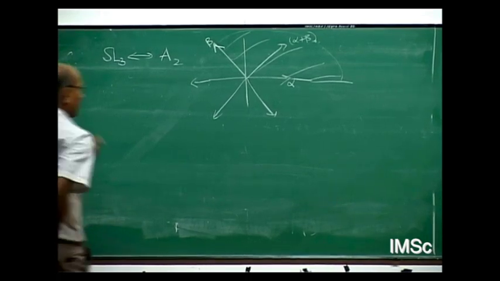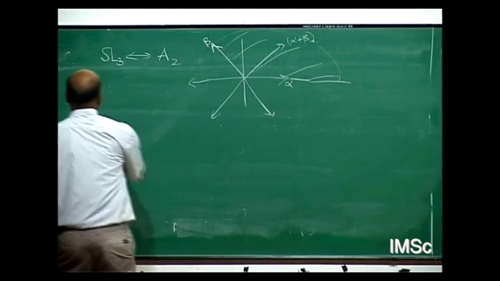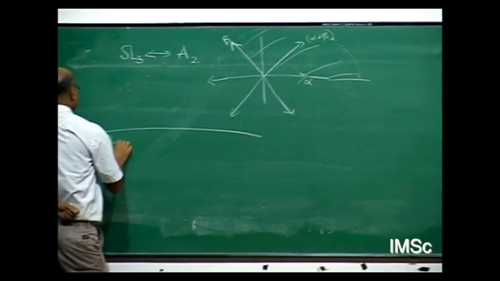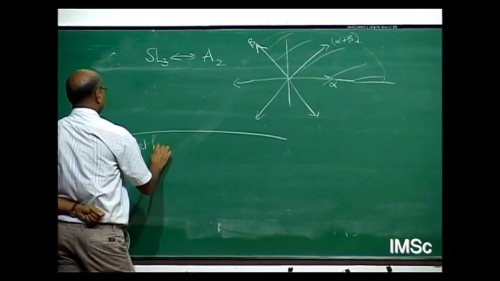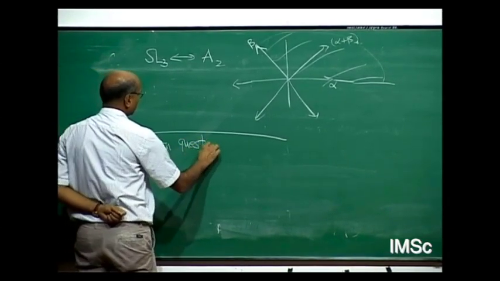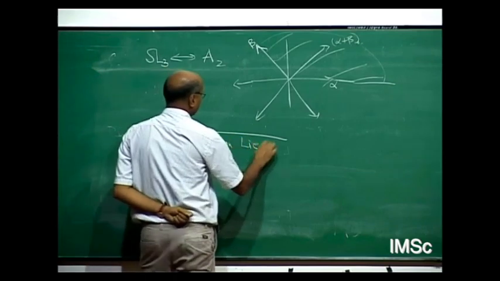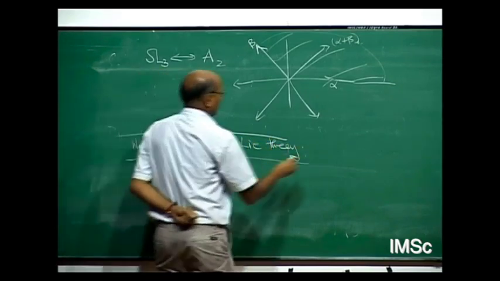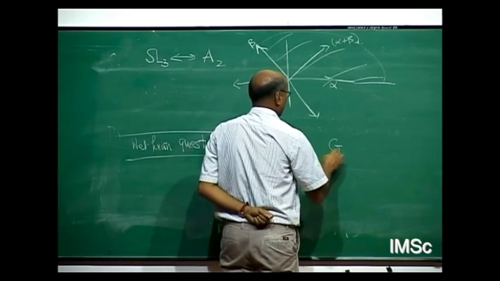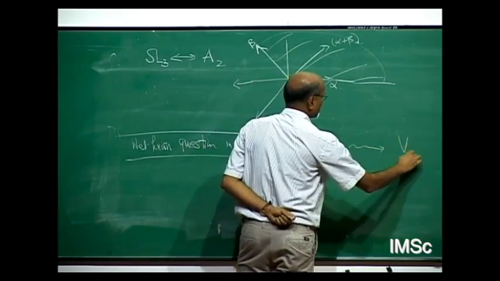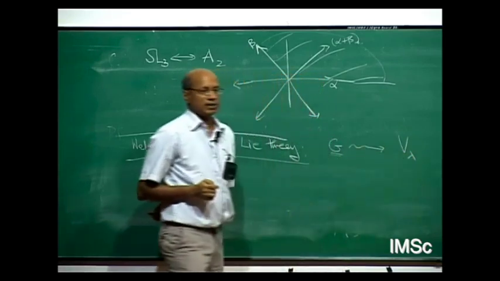So finally, there is a well-known question in Lie theory. To a compact Lie group G, there are these irreducible representations V lambda which are finite dimensional.